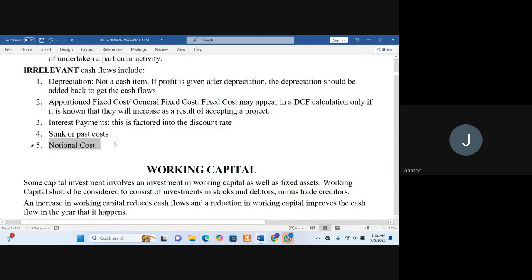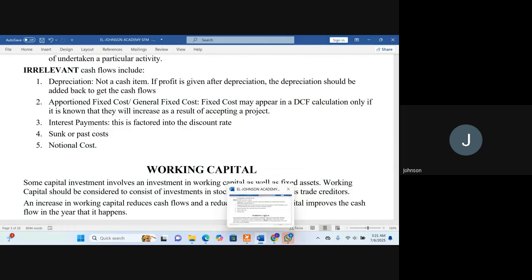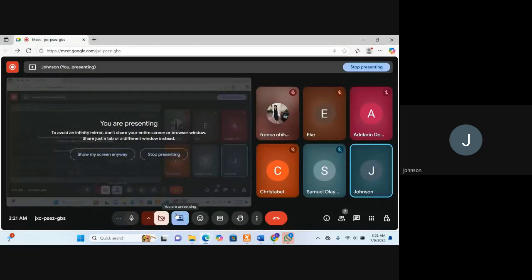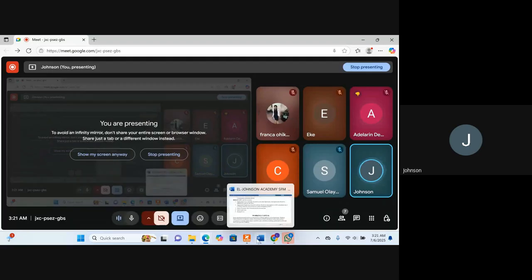Can somebody tell me what notional cost is before we move on? Do you have an idea? If you don't have an idea, tell me you don't have an idea, then we can move on. Okay, I'm listening. Okay, somebody doesn't have an idea. Okay, let's move on.